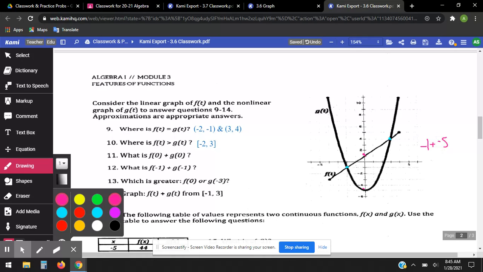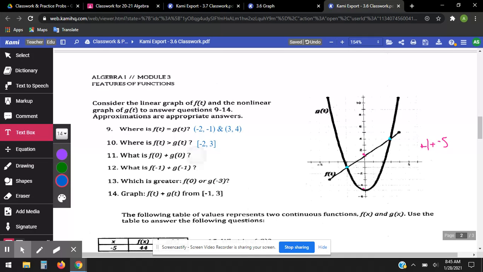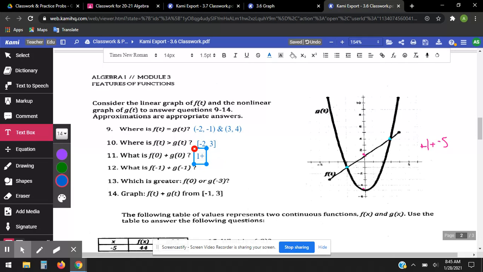So if I add +1 and -5, I'm going to go ahead and show my work over here. f of 0 was +1, and I'm going to add to it the -5, which g of 0 is, and that would equal -4.